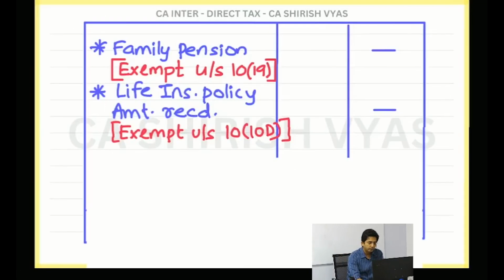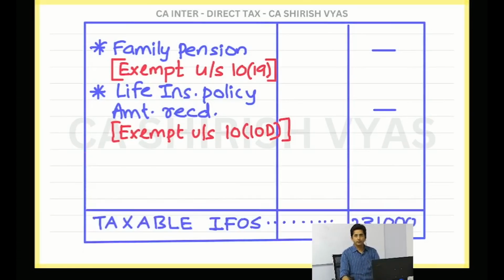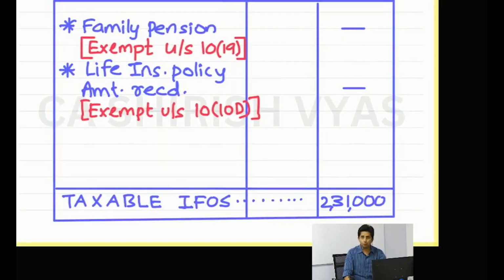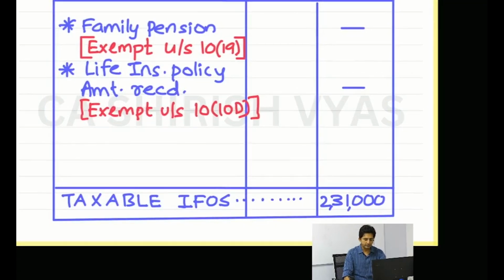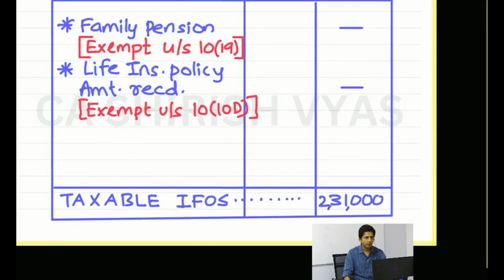Now what to do? Total up the outer column. So what is the total? 2,31,000. What will you write against the total? Taxable IFOS. IFOS means income from other sources.